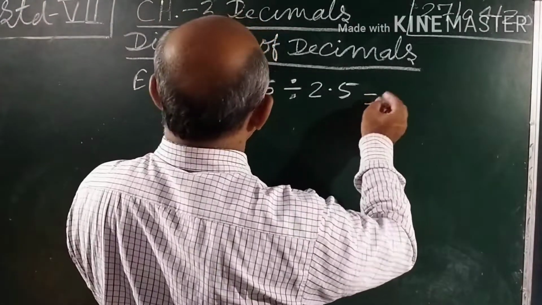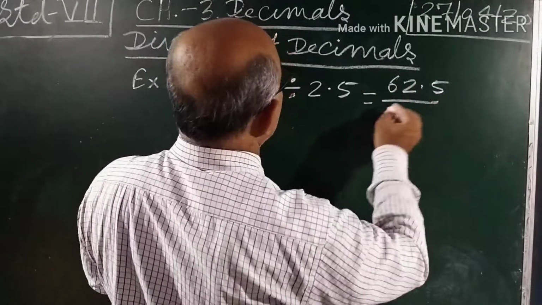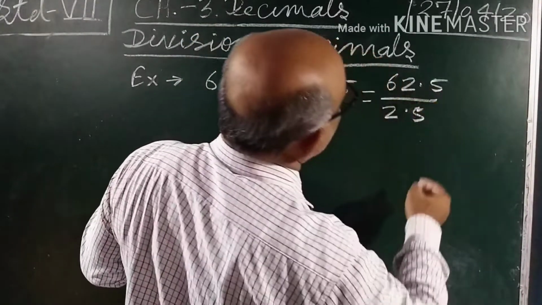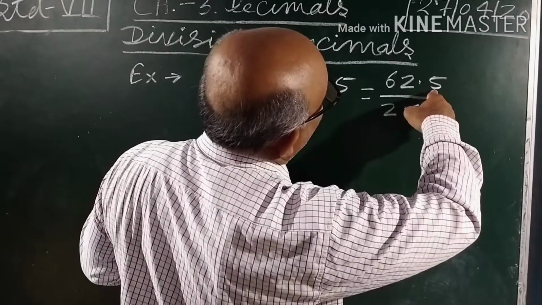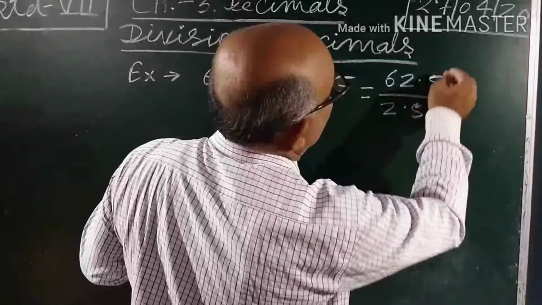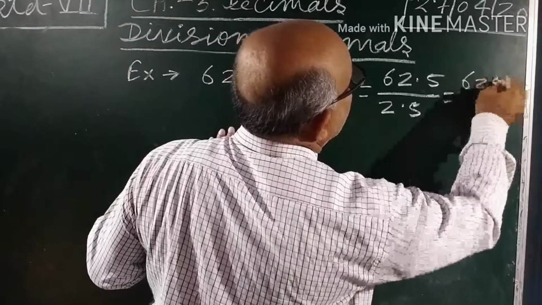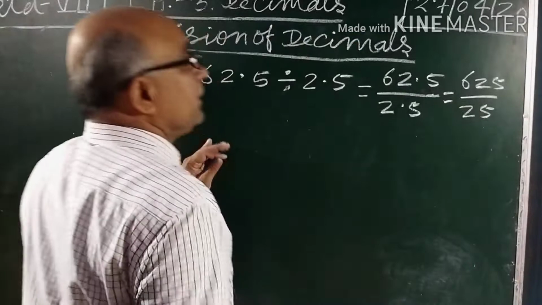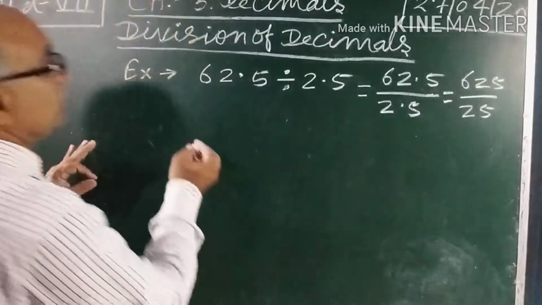Write it. 62.5 by 2.5. After the decimal, both have one decimal place. So multiply by 10 and it changes into 625 by 25. We have to change the denominator into a whole number.